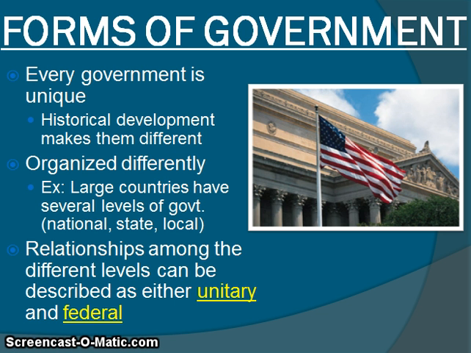And the first kind of idea is whether or not a relationship exists on different levels. And by levels, I mean different parts of a government or a state. Remember, a state is any political entity. Every government's pretty unique. The historical development of that government gives it its characteristics.